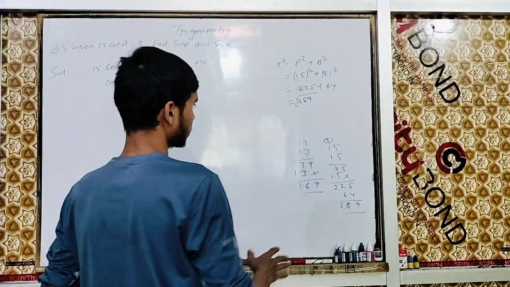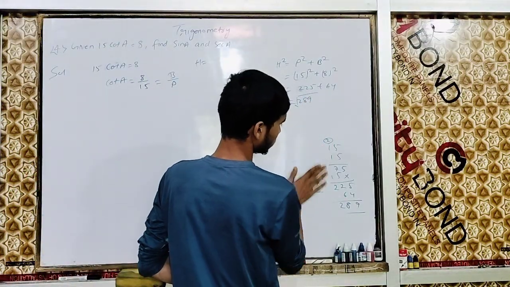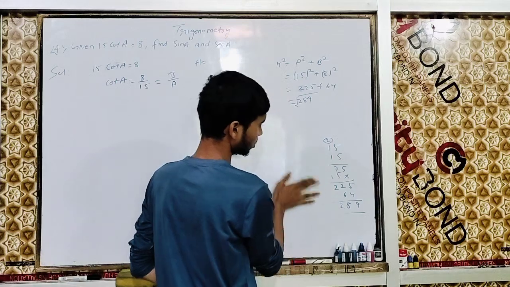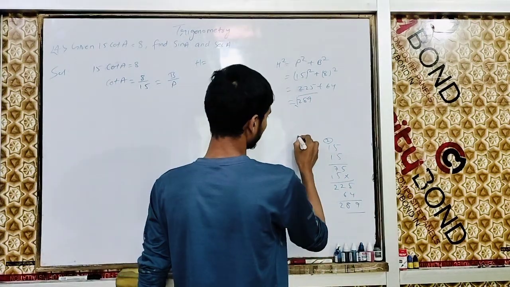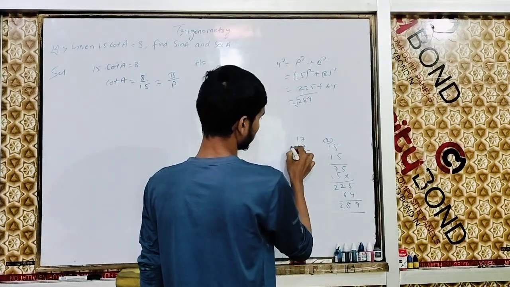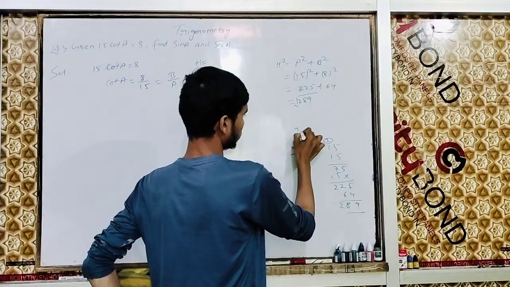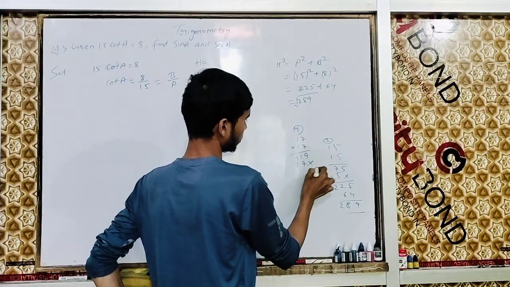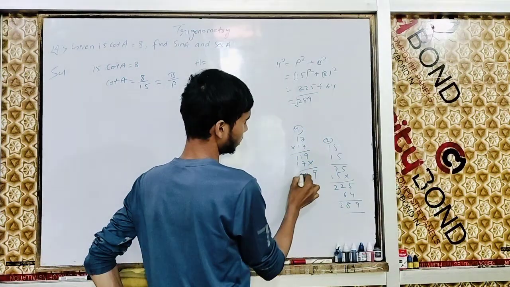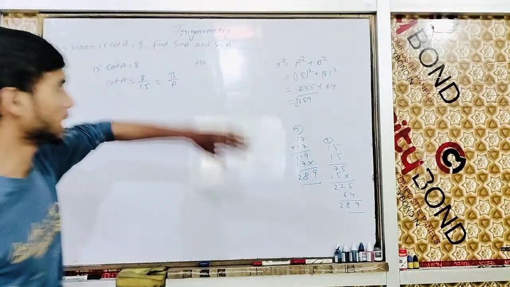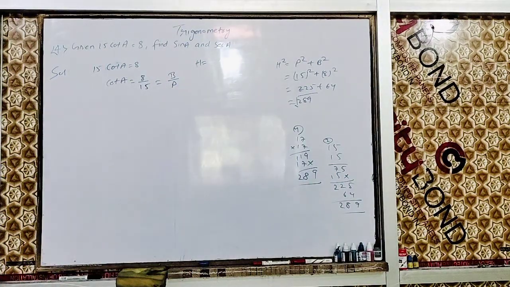I think 17. 17. 4, then 11, 9, 8, and 2. Yes. This 289 is the perfect square of 17.